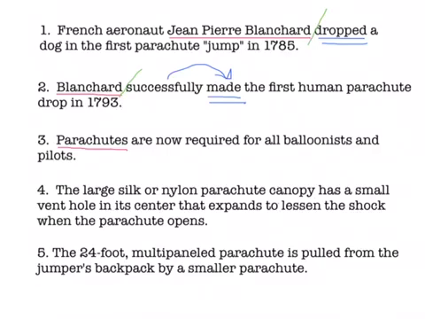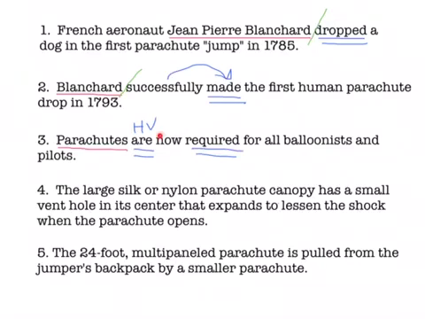Now, sometimes verbs do involve helping verbs. In this case, we do have a helping verb. We have are and required. Are is the helping verb that connects to required. Notice I am not underlining the word now.